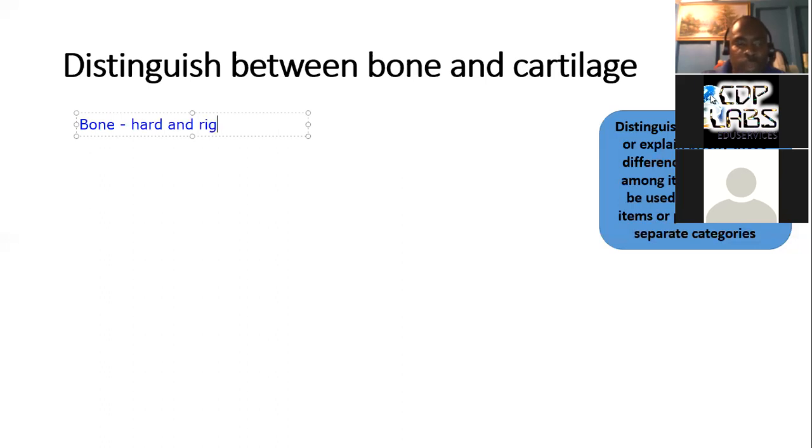Rigid. And you said it is made from what? Something about the matrix. Oh, it is made from the collagen.